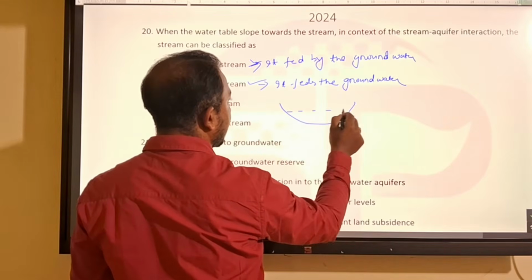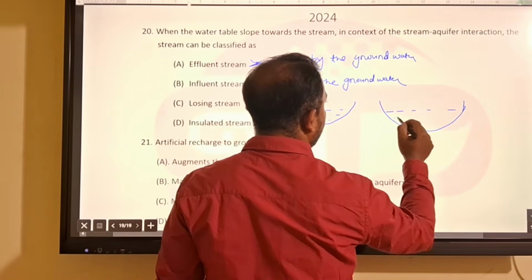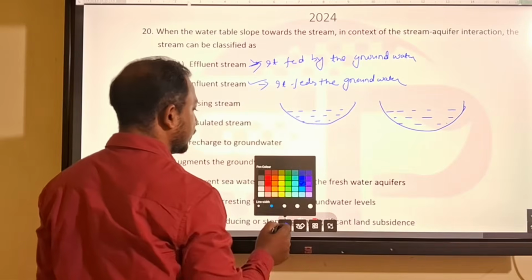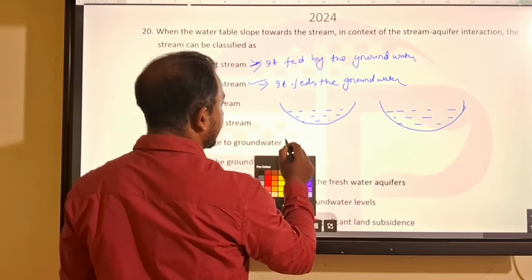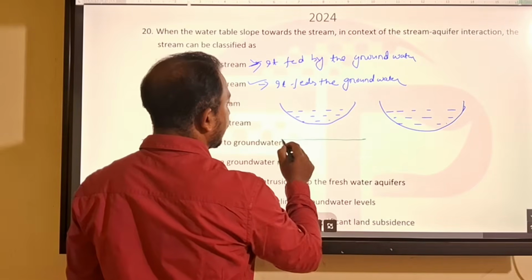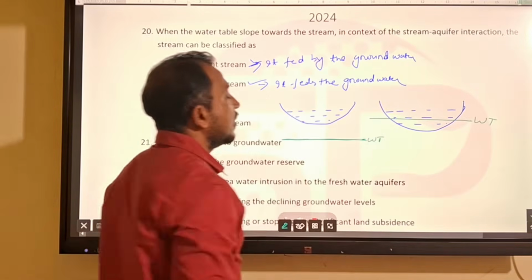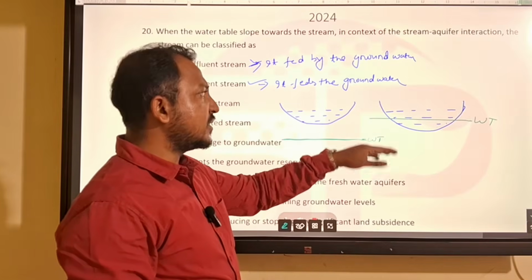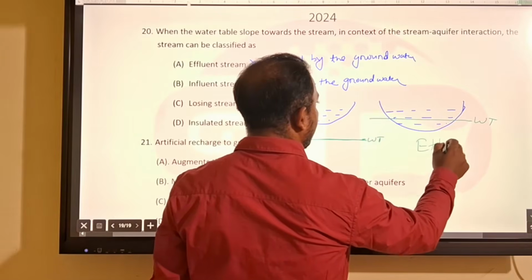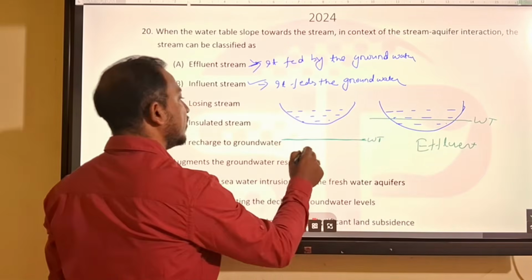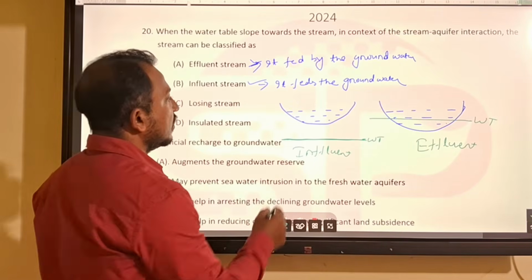Suppose you have a reservoir here. This is the water table. If the water table slopes towards or within the reservoir, then this condition is called effluent. And this is called influent.